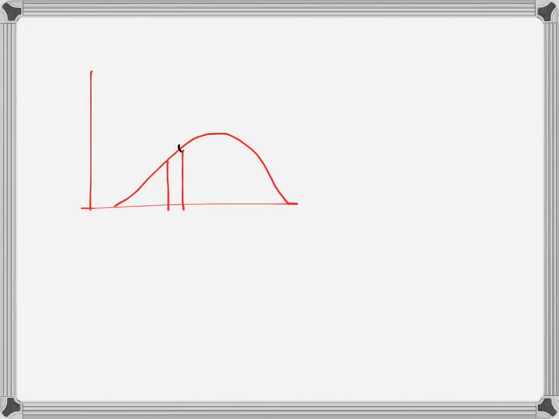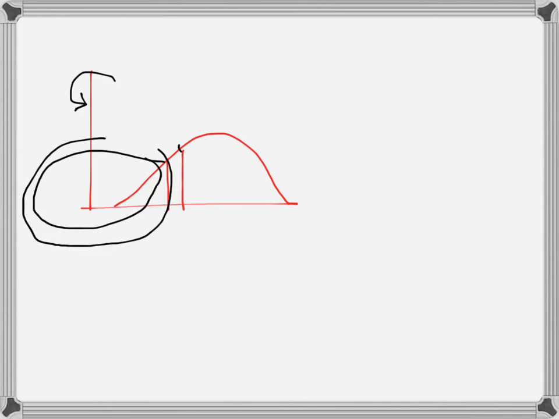When this is rotated about the y-axis, we get a cylindrical shell with a hole inside, because this section is not touching the axis. If it were, we would have a solid disk, but we are getting a cylindrical shell with a hole inside.